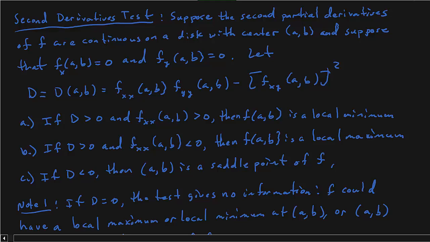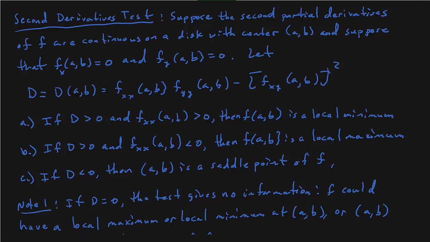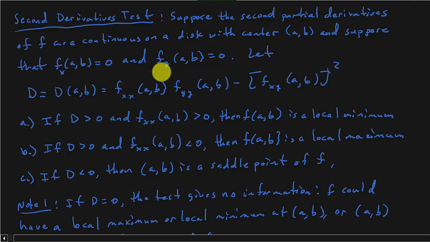All right. So the second derivative test says, suppose the second partial derivatives of f are continuous on a disk with center (a, b), and suppose that the partial with respect to x and the partial with respect to y both equal 0. Let D equal D of (a, b), D evaluated at that point.